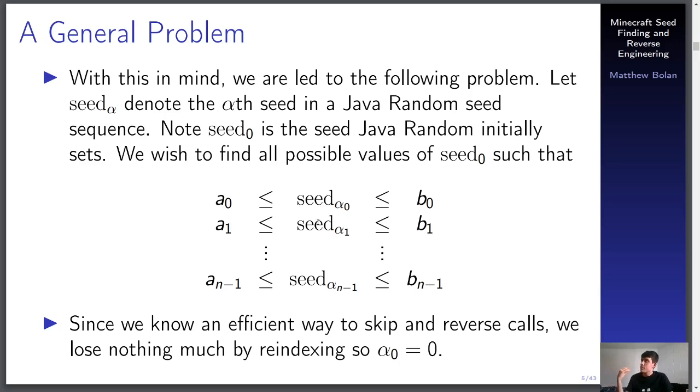And if that's ever not the case, you can just re-index so that it is the case, and then at the very end of the whole process, reverse yourself back to wherever your actual first seed was. So that's never much of an issue. So we're going to be taking that as convention because it really will make some of the math easier.